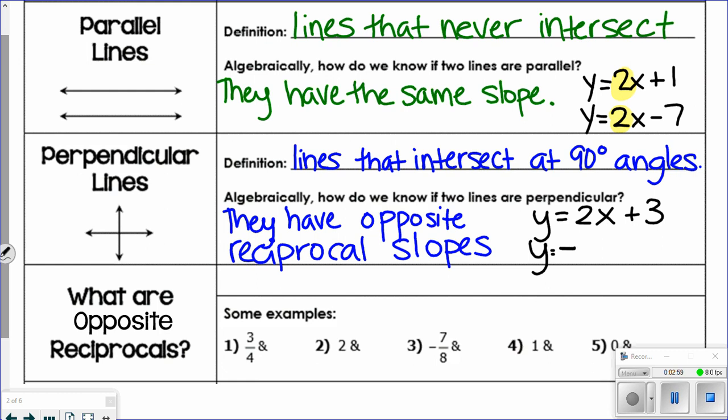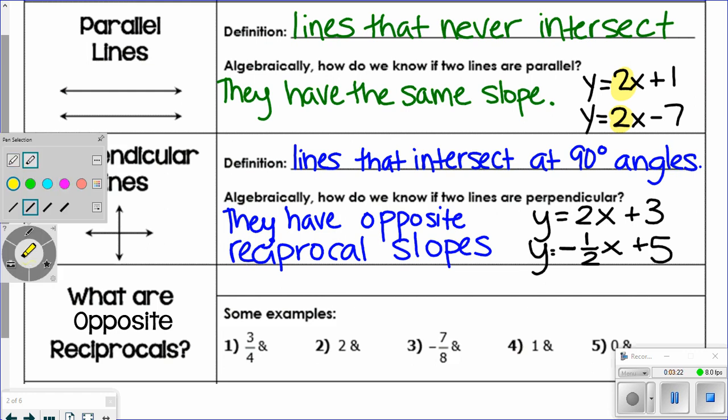Okay, and then this is going to be a 1 over 2, because 2 is basically being divided by 1. We just don't write whole numbers being divided by 1, but 2 is being divided by 1 right now.